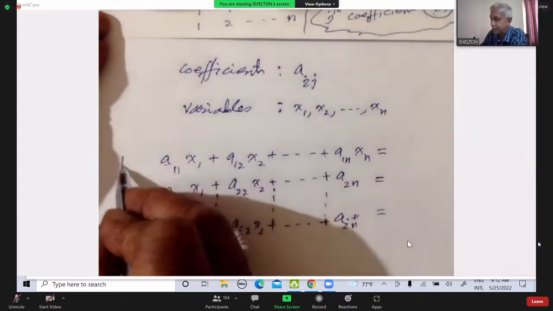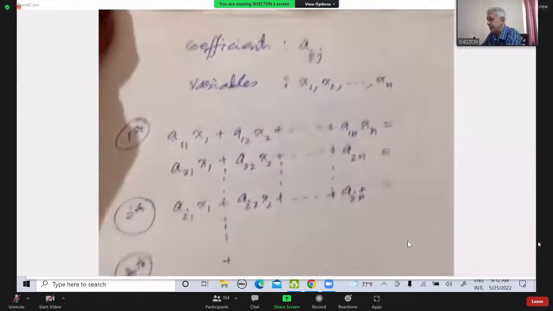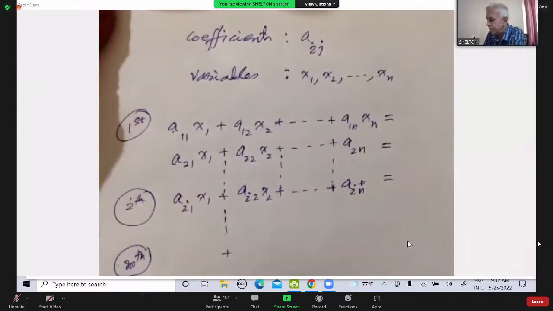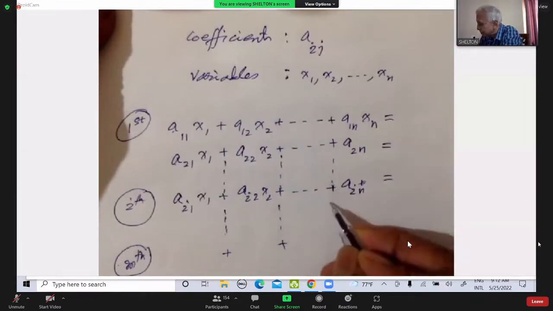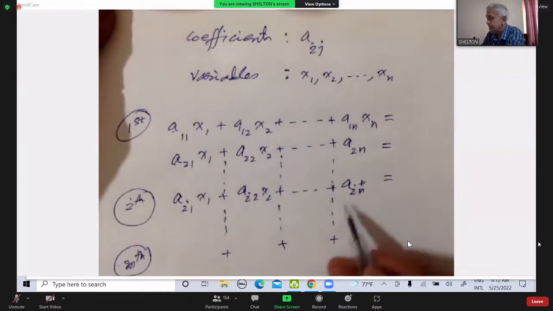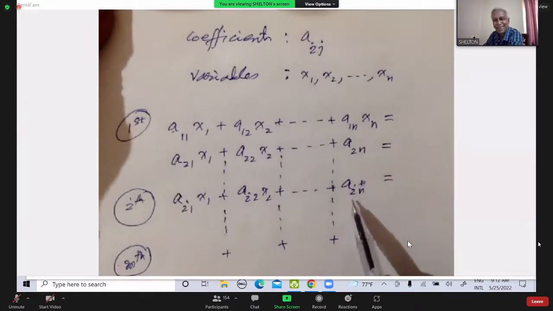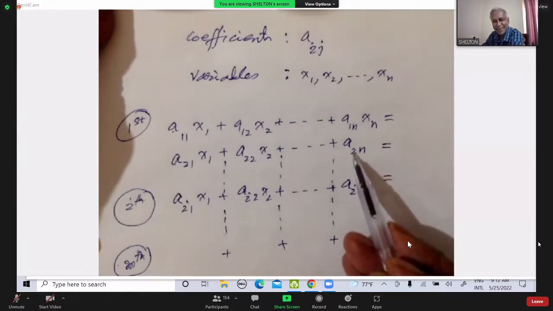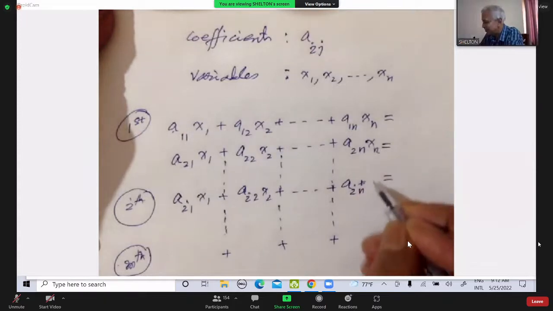Maybe I should write here first equation, second equation, then finally the mth equation. Ain, something is missing here and here. The coefficient is right, but if it is a linear equation, xn is missing. Sorry about that. Xn here also.